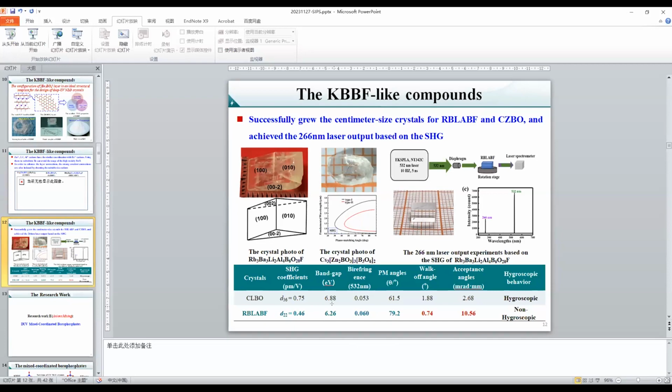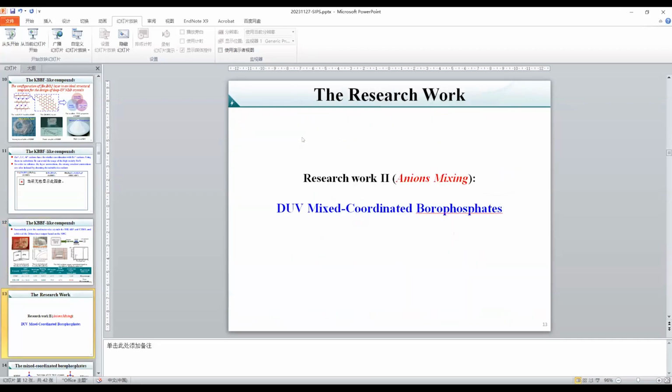Compared with the commercialized crystal, we can see this compound has a smaller walk-off angle and a larger acceptance angle, and it's non-hygroscopic. So it is promising for high energy 266 nanometer laser output.